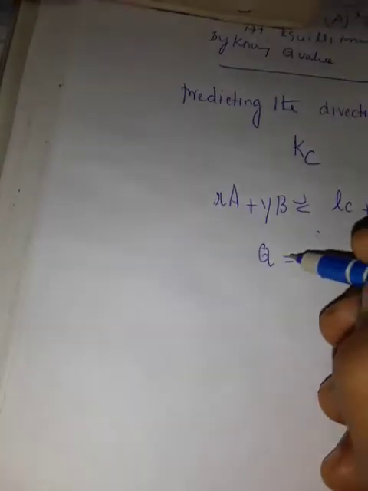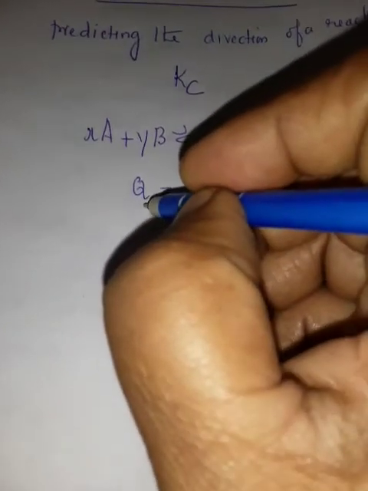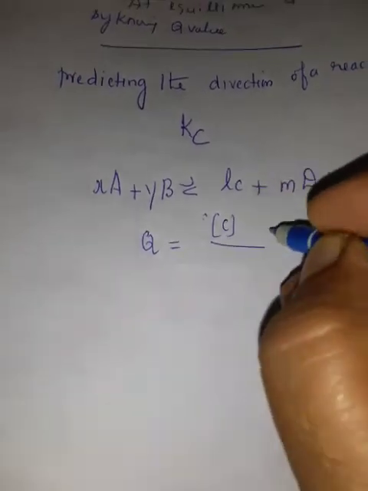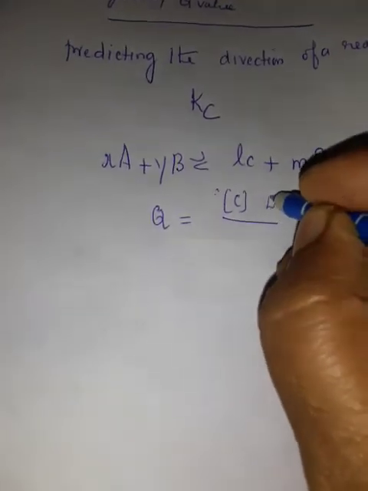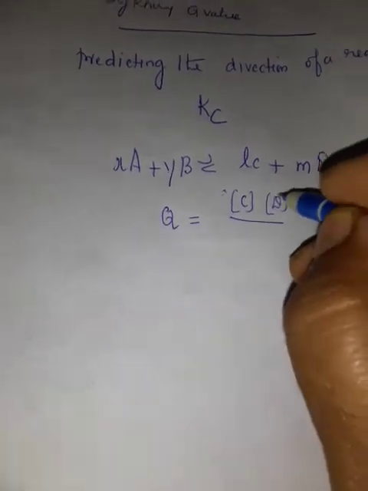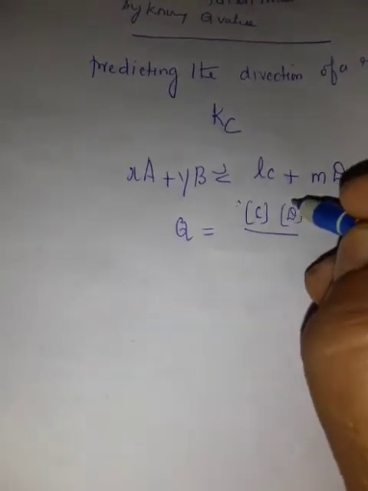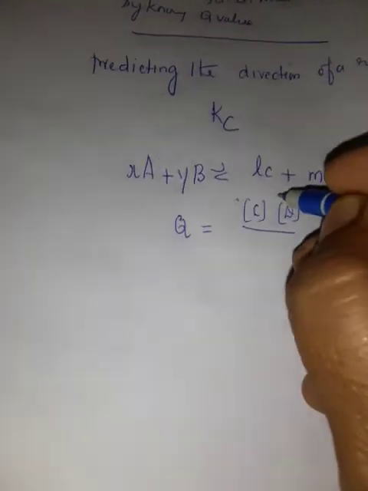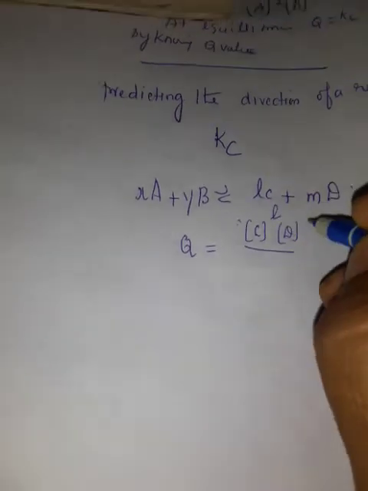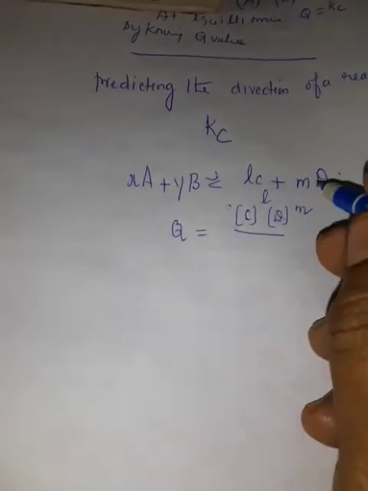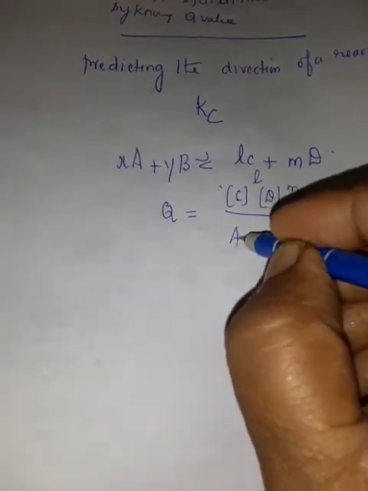Under non-equilibrium condition, reaction quotient Q is defined as the ratio of the concentration of products raised to the respective stoichiometric coefficients in a balanced chemical equation to that of the reactants.